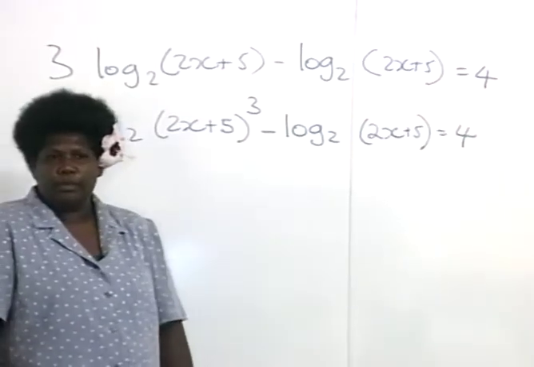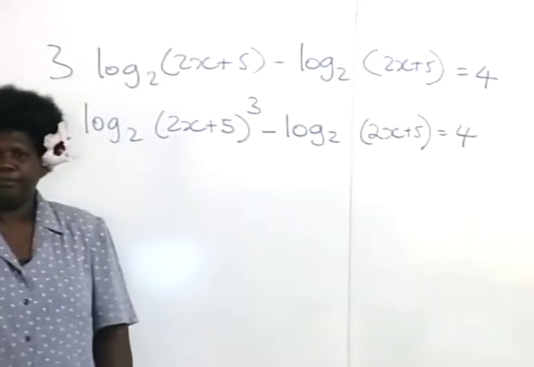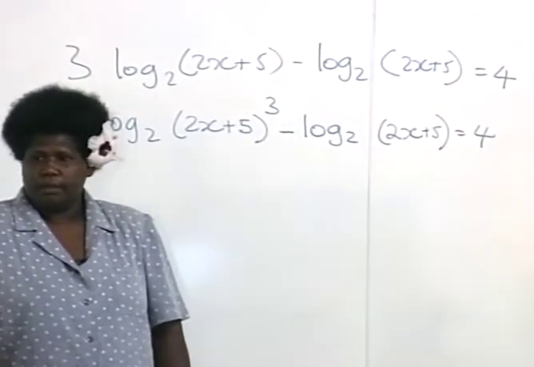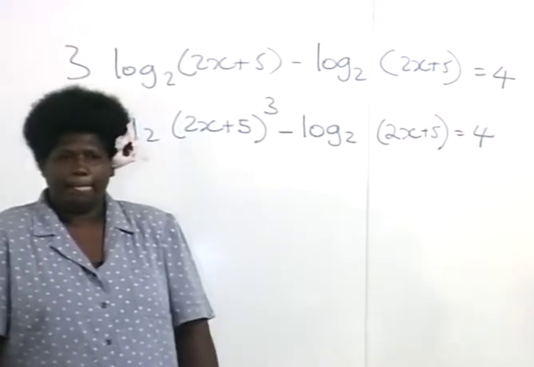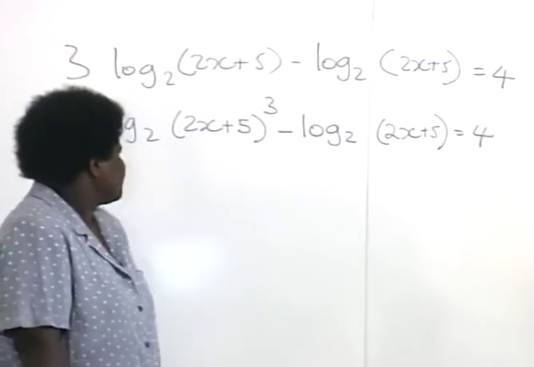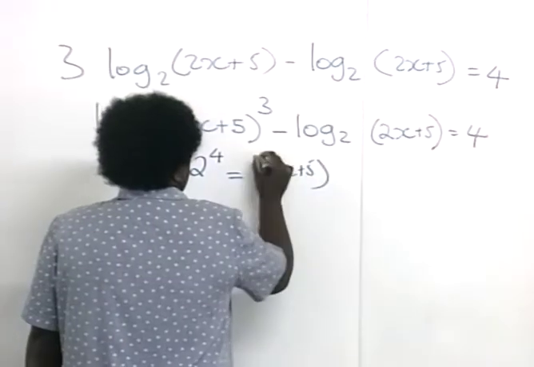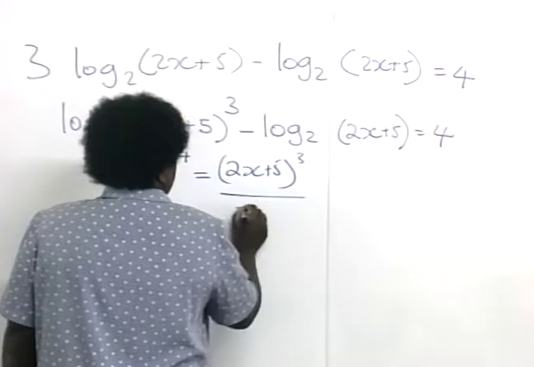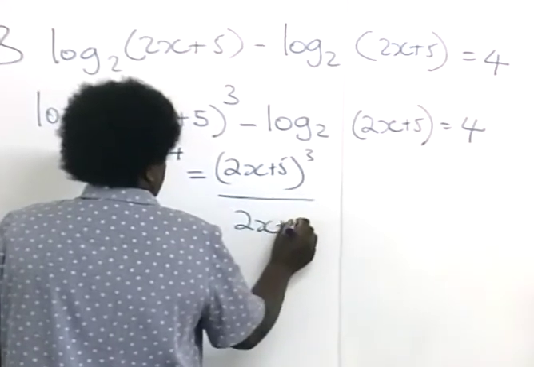How are we going to rewrite it in equation form? Gabriel, Pastor Mike. 2 to the power of 4 equals 2x plus 5 to the power of 3 divided by 2x plus 5.